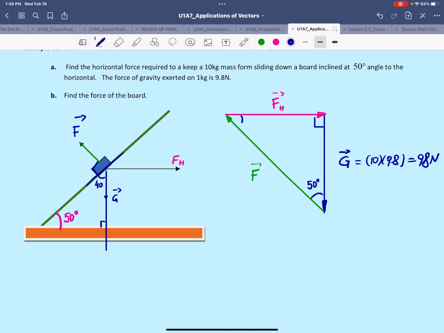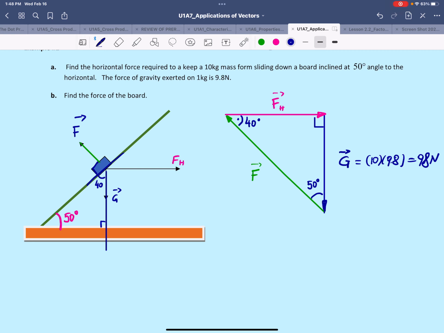And then we have the last angle here, which would be what's left from 180. So 90 plus 50, 140. And 180 minus 140, 40 degrees. Now that we have all the angles and one of the lengths of the triangle, we can solve for any resultant force. And it seems that we need to find both of them, the horizontal force and the normal force.